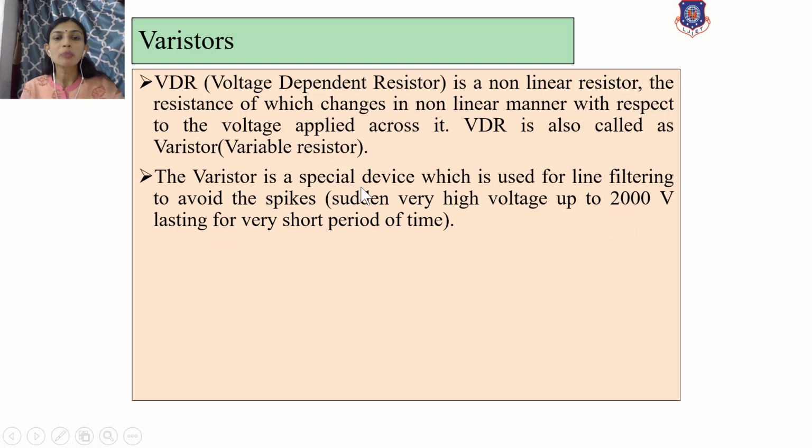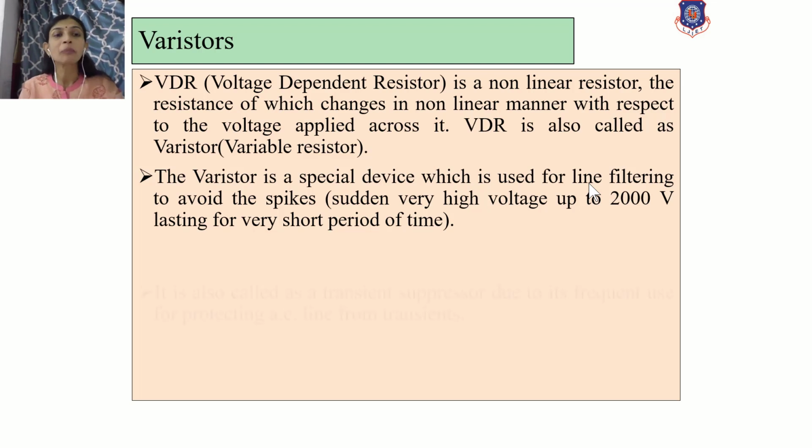The varistor is a special device which is used for line filtering, to avoid the spikes. So the next question is, why is it a special component? The varistor is a special device because it is used for the application of line filtering, to avoid spikes, transients and noise.